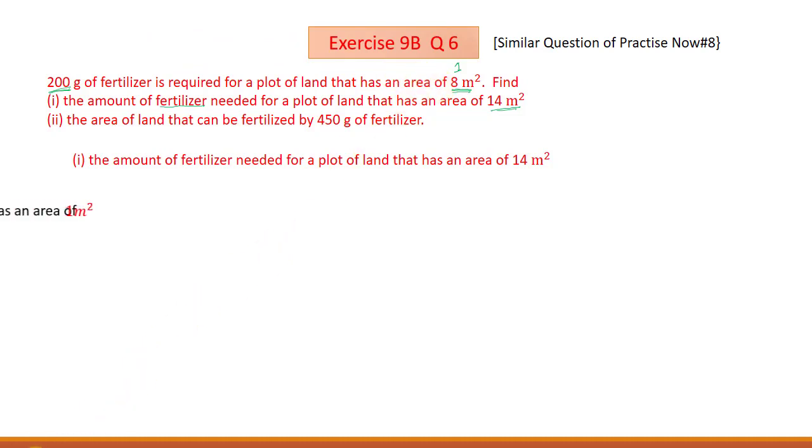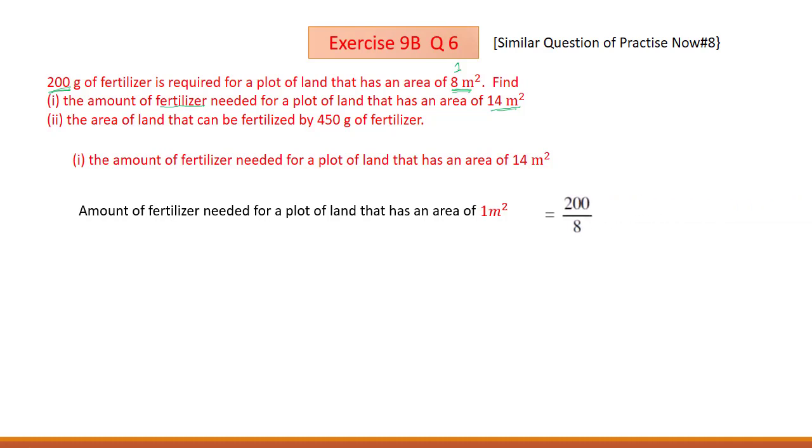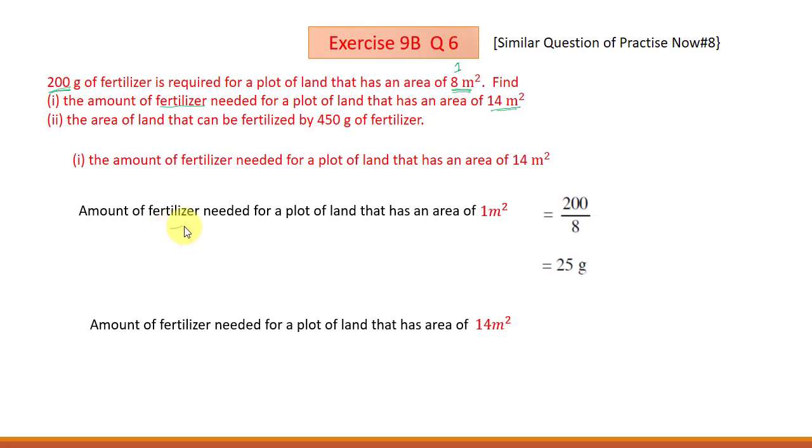So in the next step, we will write that the amount of fertilizer needed for a plot of land that has an area of 1 meter square, we will divide 200 by 8. When we calculate it, the answer will be 25 grams. That is, 25 grams of fertilizer is needed for an area of 1 meter square of land.